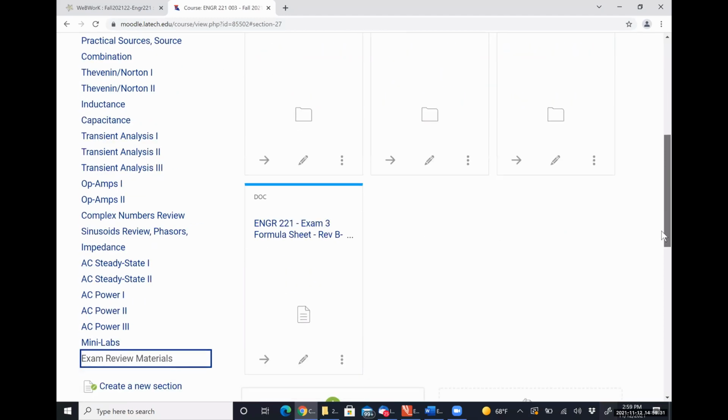All right, so it has been uploaded into the review materials section of Moodle so that you can have access to it to use while you study over the weekend. Okay, so you have all witnessed me doing it. It is literally on video, so I have fulfilled my obligations with regards to you having access to the equation sheet. Is the matter settled? Okay.